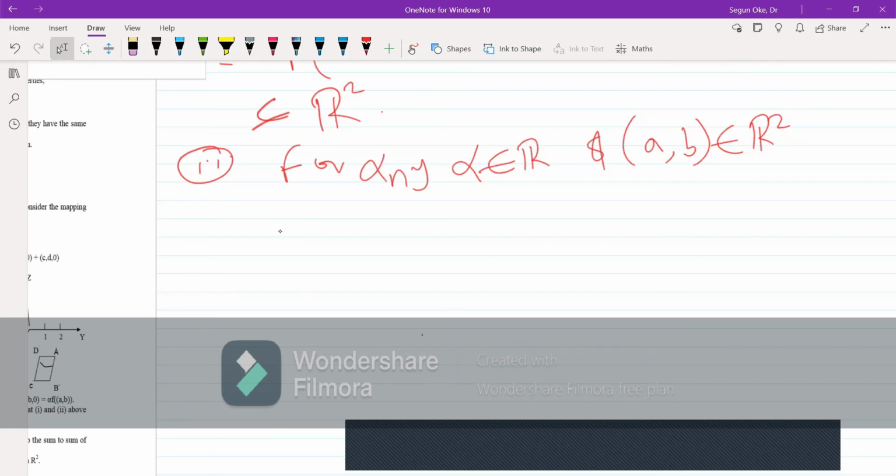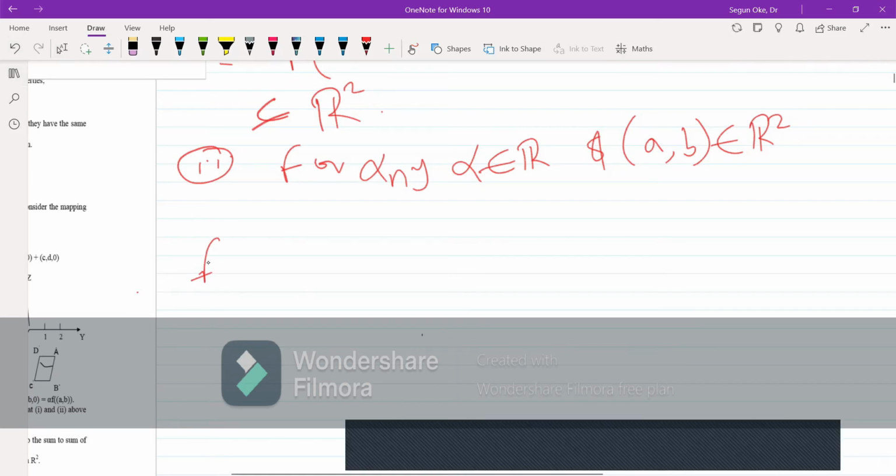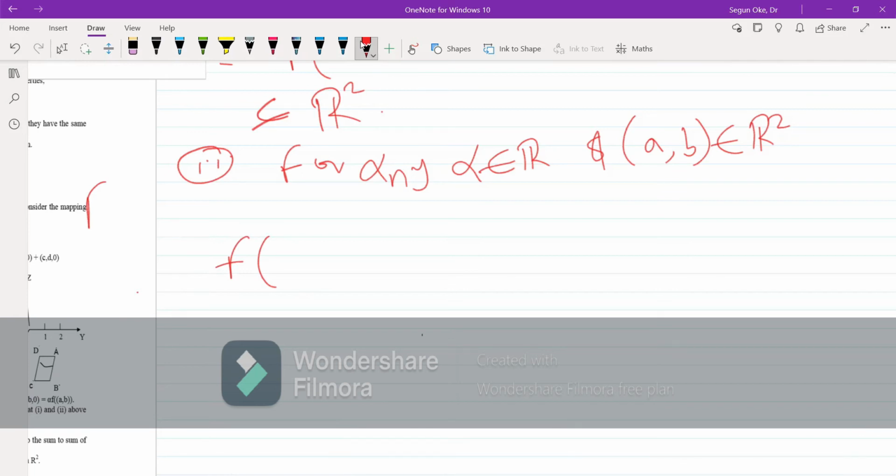In this case, we have f of alpha a, comma alpha b, which is the same thing as alpha a, comma alpha b, comma 0.